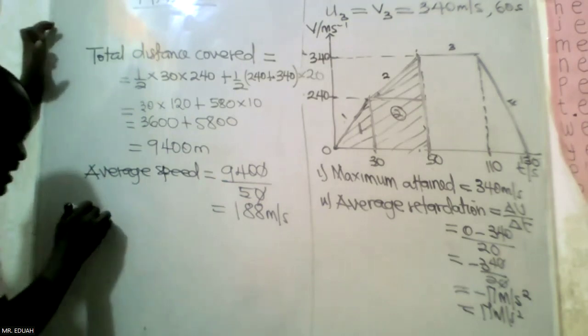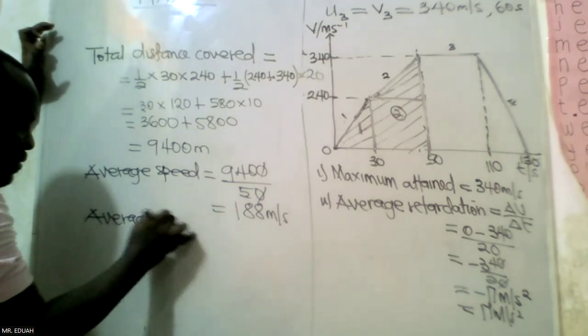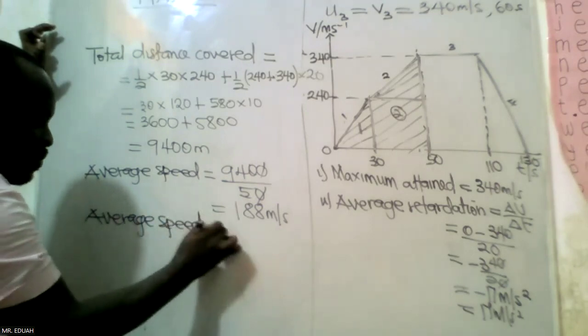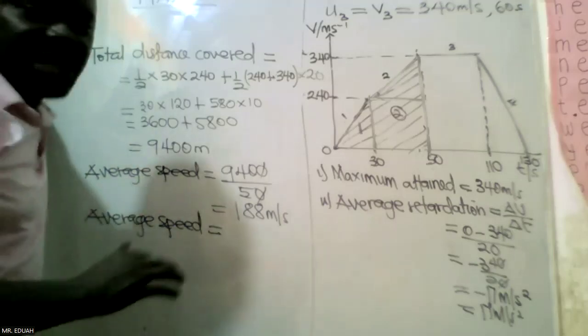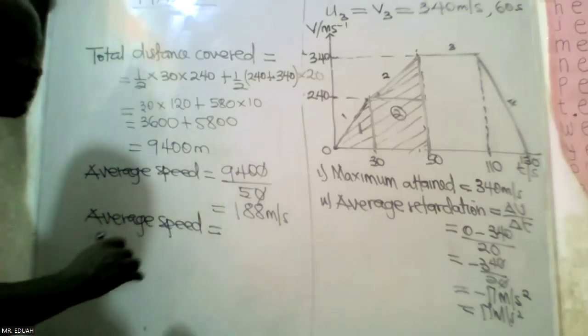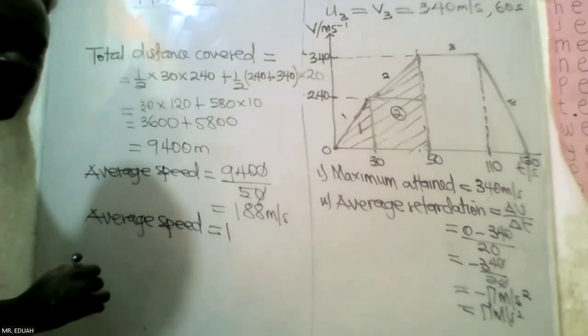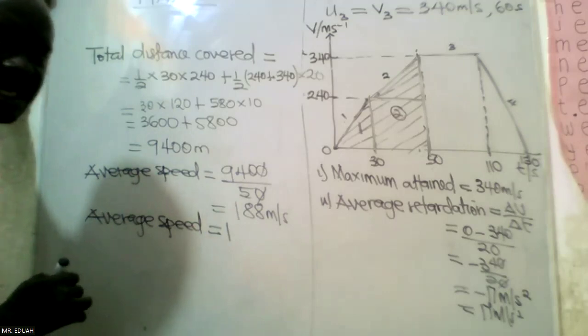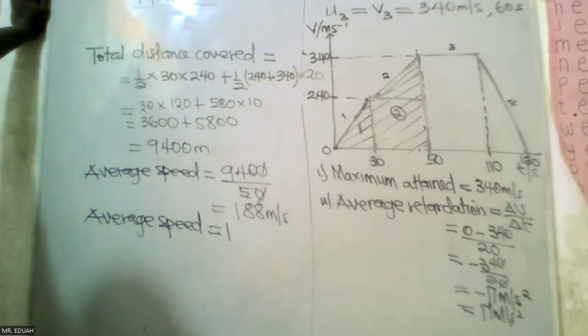And then what is the average speed during the whole motion? What did we get for the total distance? Joel, what did we get for the total distance? Is it 13,300 and something?